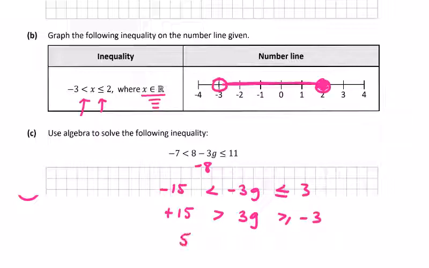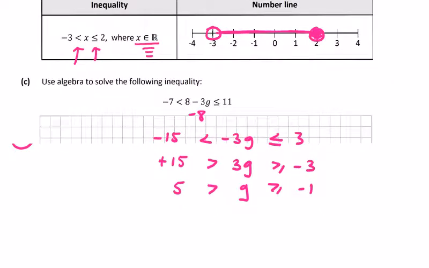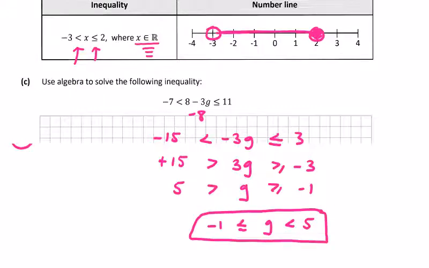Dividing by 3, we get 5. We get g, and we get minus 1. And we just use algebra to solve it. To solve this, we could reverse it around if you wanted to write like this: minus 1 less than or equal to g, less than 5. That's the solution to 7 part C, which was worth 10. First two parts were 10 as well. A nice 20 marks on the 2019 paper.